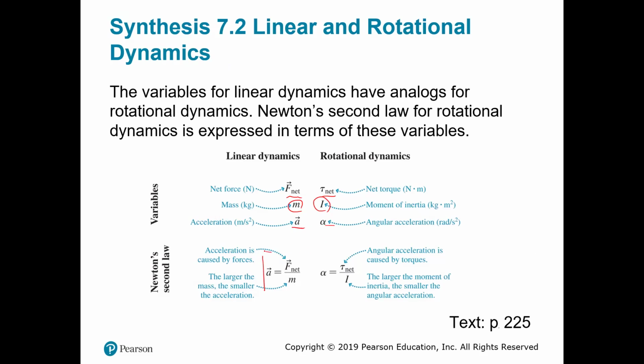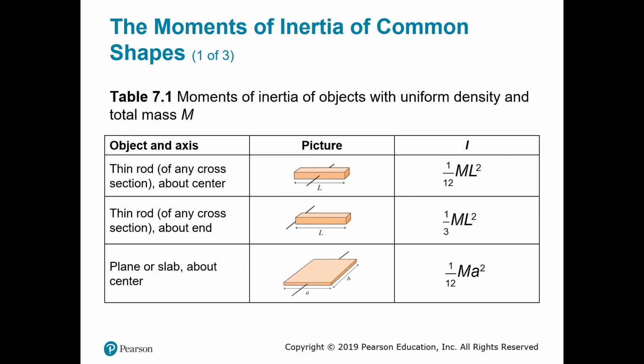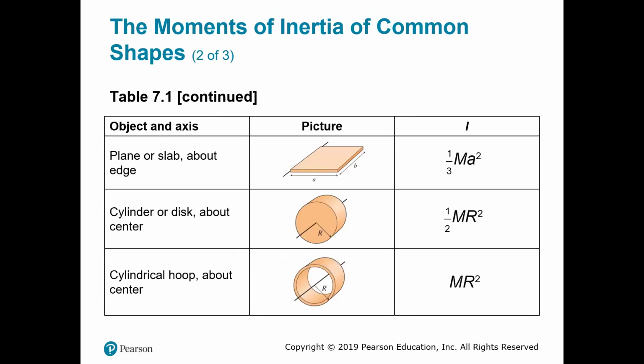Your Newton's second law is the same thing, and we're going to do the same thing for rotational motion. Whatever you did for linear motion, everything is the same. For example, here are moments of inertia of common shapes. For a thin rod about its center, it is 1/12 m L squared. For a thin rod about its end, 1/3 m L squared. For a slab, 1/12 m a squared.